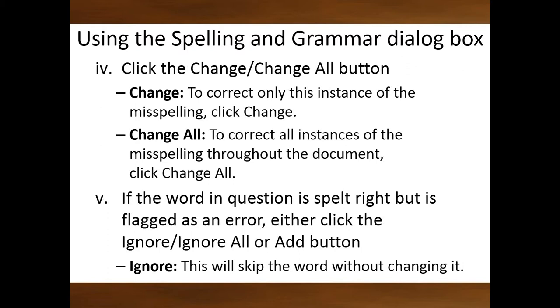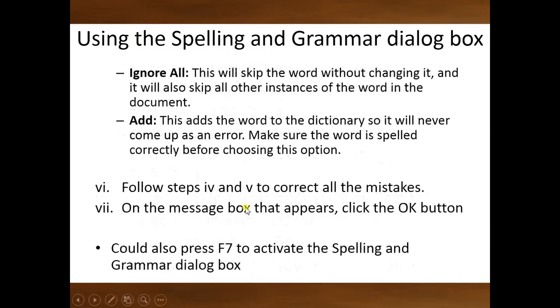If the word in question is spelled right but is flagged as an error, either click the Ignore, Ignore All, or Add button. Ignore: this will skip the word without changing it. Ignore All option: this will skip the word without changing it, and it will also skip all other instances of the word in the document.